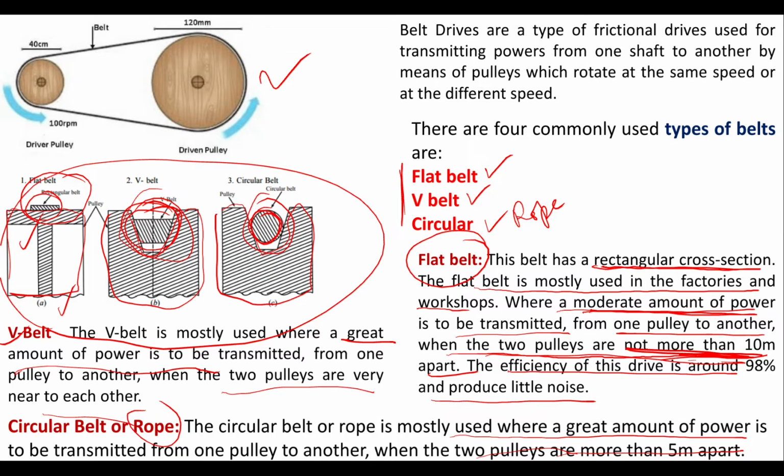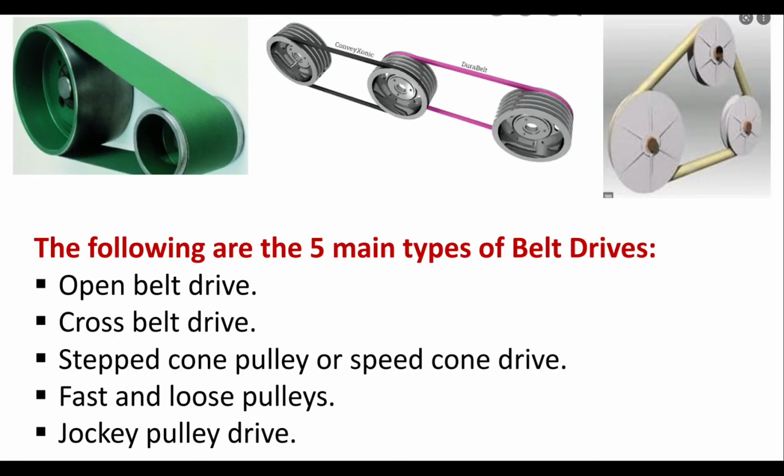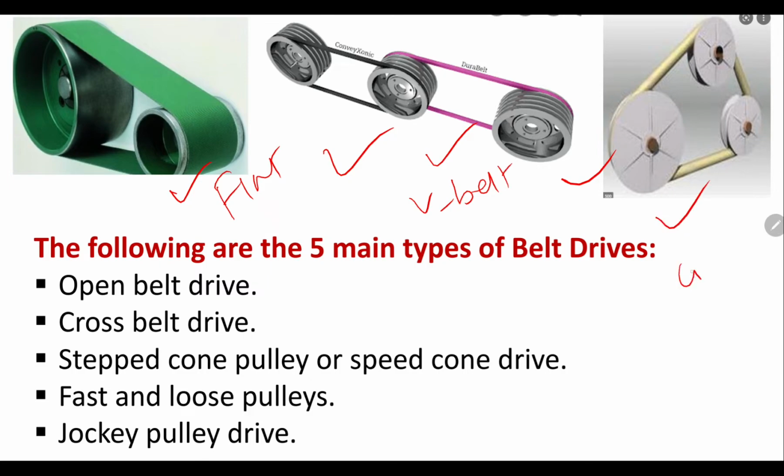If the pulleys are more than 5 meter apart, then we can use the rope drive. So in these three pictures, one is for the flat belt drive, another is for the V belt drive, and the other is for the circular or rope drive.